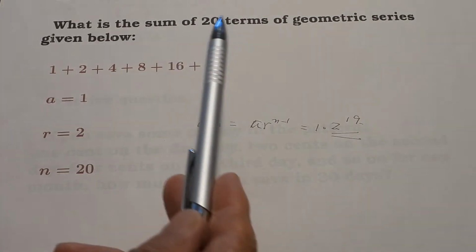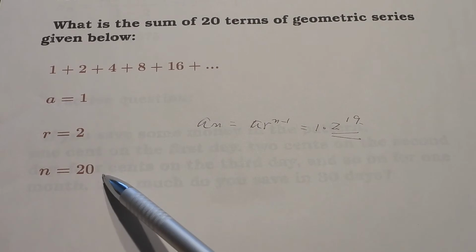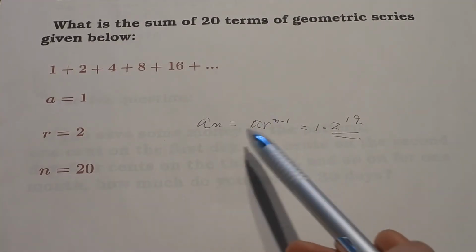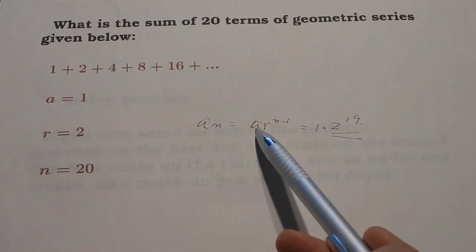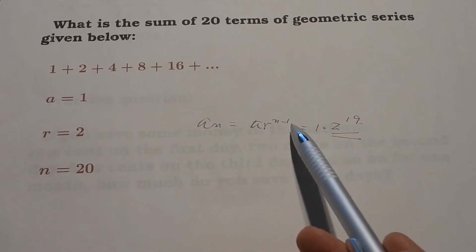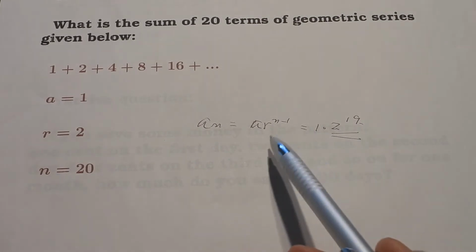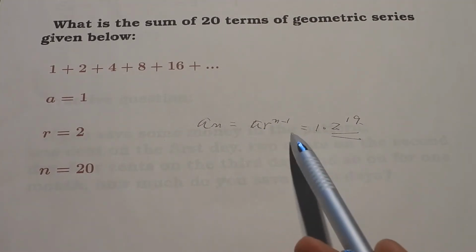And then the question is how many terms? 20 terms, so n equals 20. Then the nth term will be a times r to the n minus 1 power, so 1 times 2 to the 19 power. But there are not that many cases where we use that one.